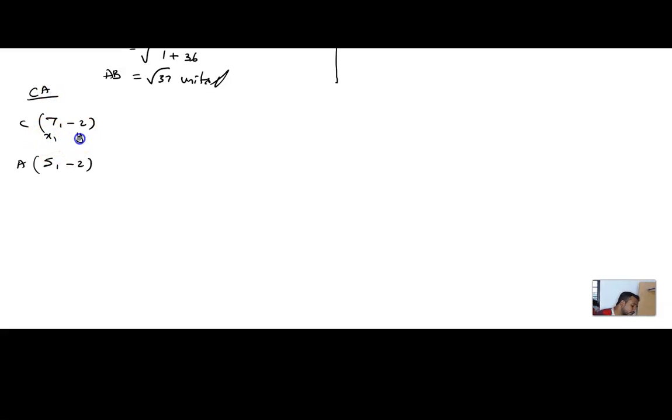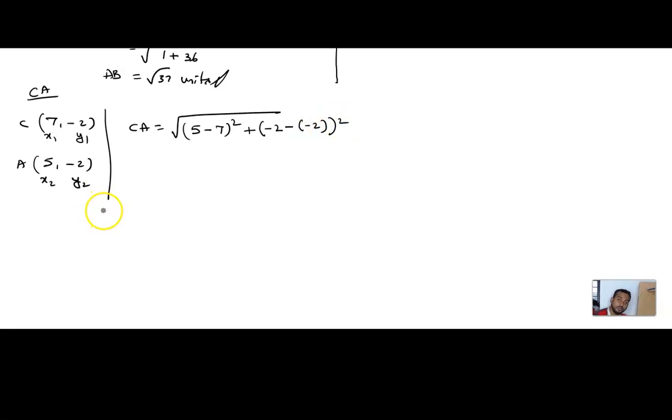So let me say this is x1, y1, this is x2 and this is y2. So CA is equal to root of x2, that is 5, minus x1, that is 7, whole square, plus y2, that is -2, minus y1, that is -2, we write in bracket, whole square. Is it correct? No, it is wrong.